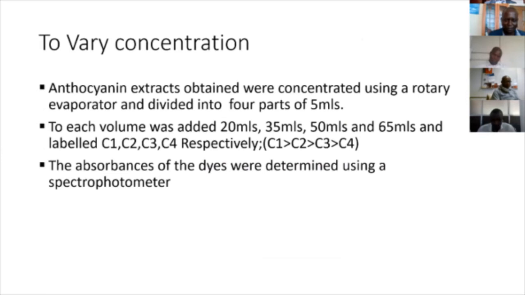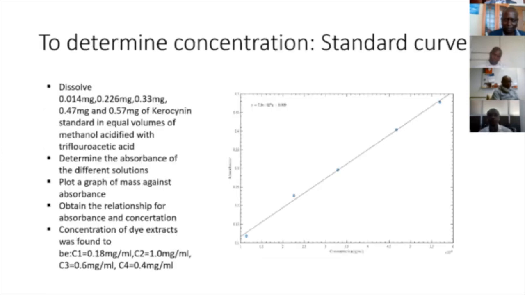Now, how I determined the standard curve: we bought this compound here, which contains anthocyanins. Then we measured these masses here, 0.014 milligrams, and so on and so forth. And then we used the same solution of methanol, acidified 5%.